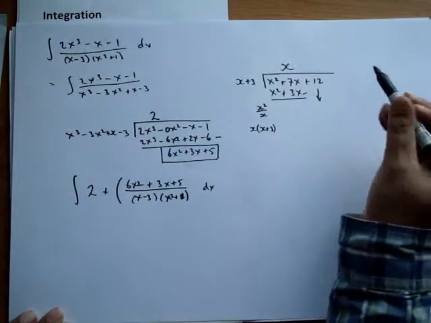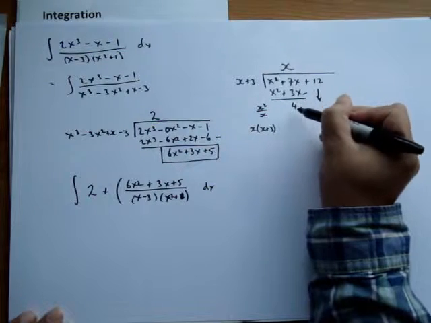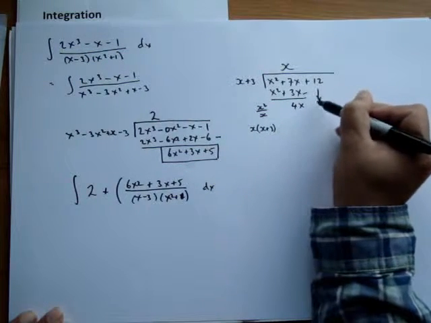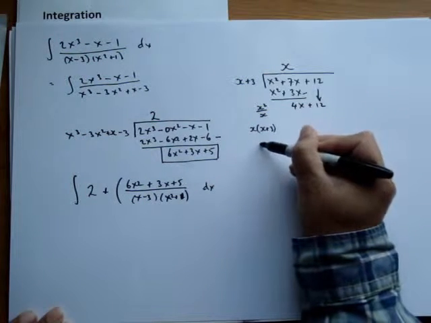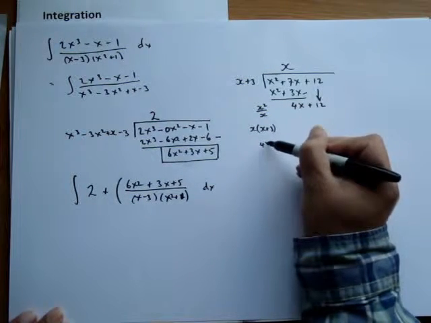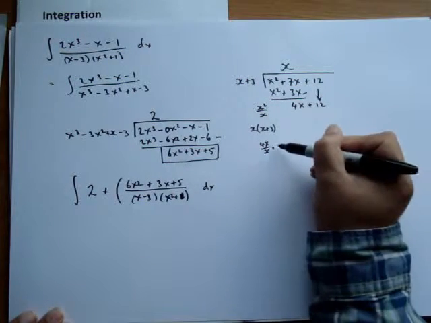Subtract those two, bring that one down. Now we're left with 4x, and then when we bring that down we're left with plus 12. So we get the 4x and then divide by the x, and we're left with 4.